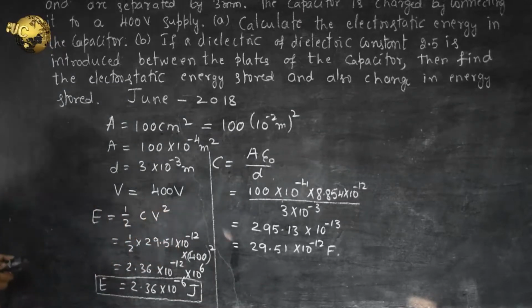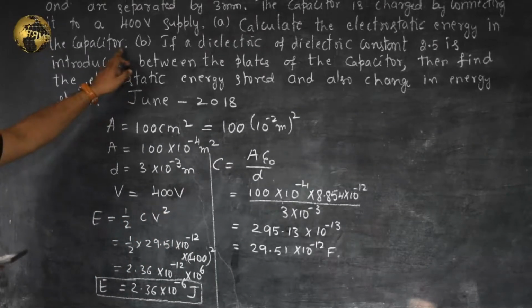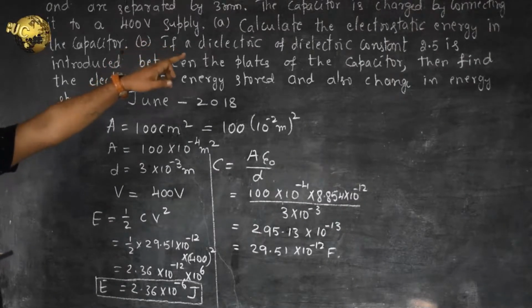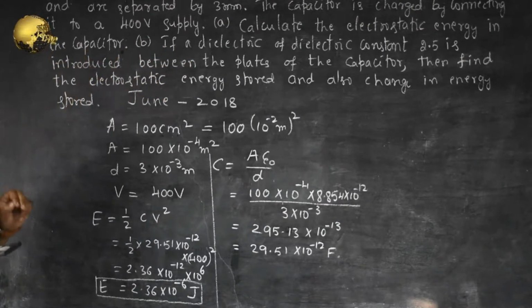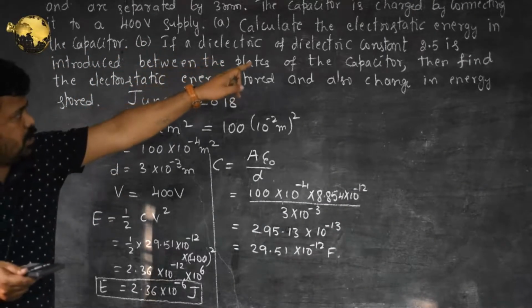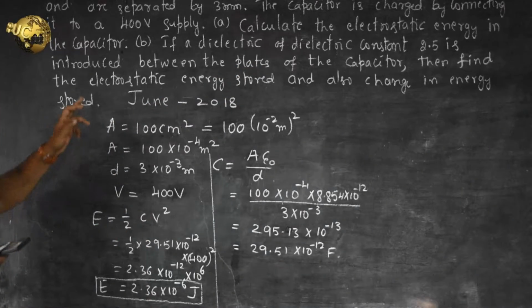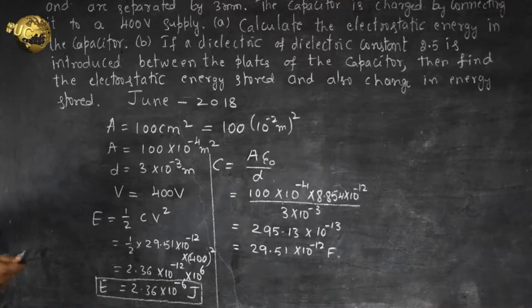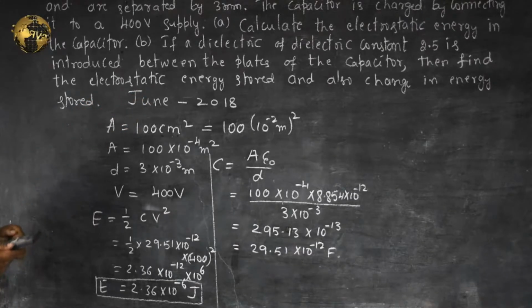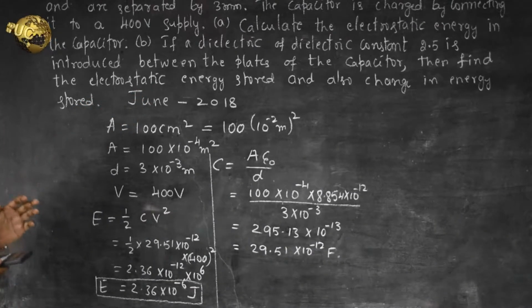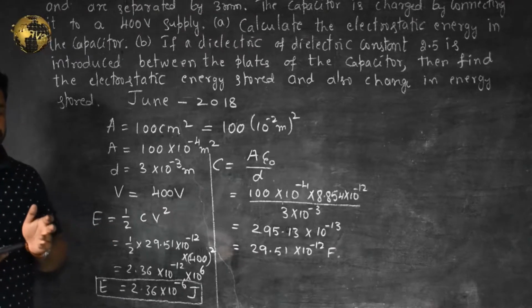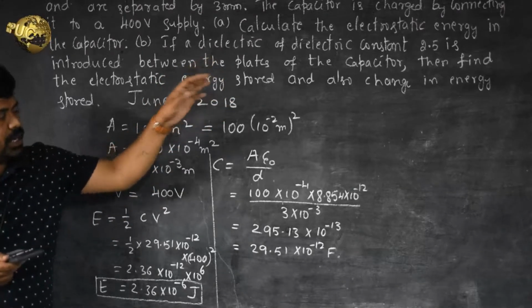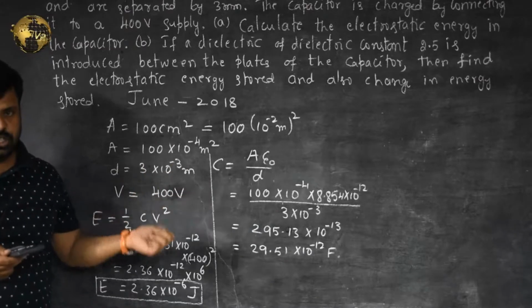That was the first part. The second one: up to here we have calculated the energy stored in the capacitor. If a dielectric of dielectric constant 2.5 is introduced between the plates of the capacitor, then find the electrostatic energy stored. When a dielectric is introduced, the capacitance changes.